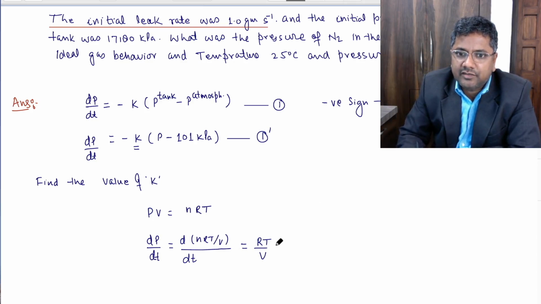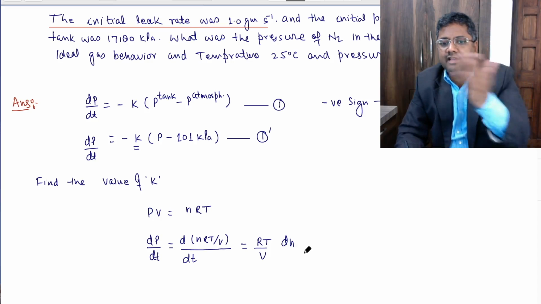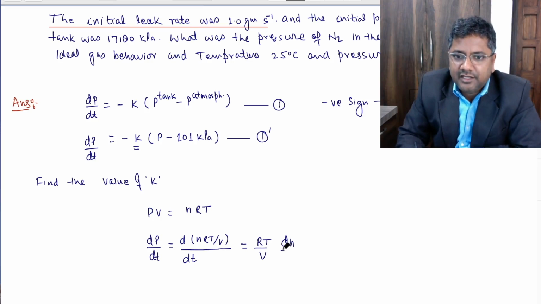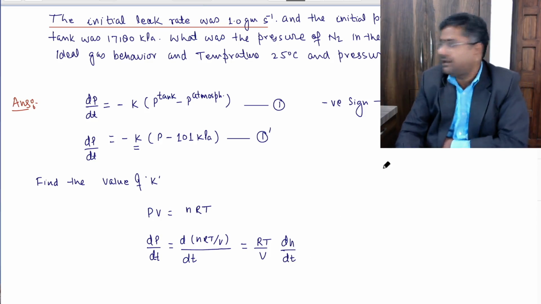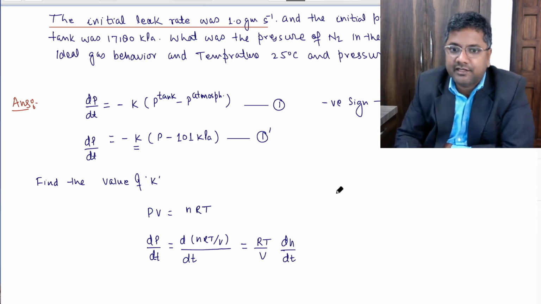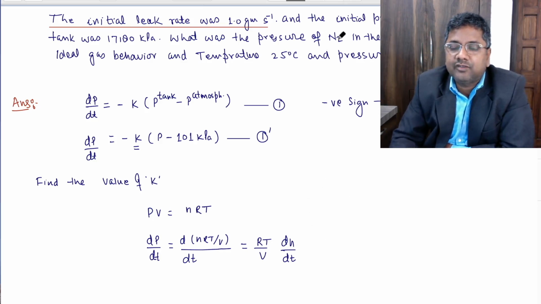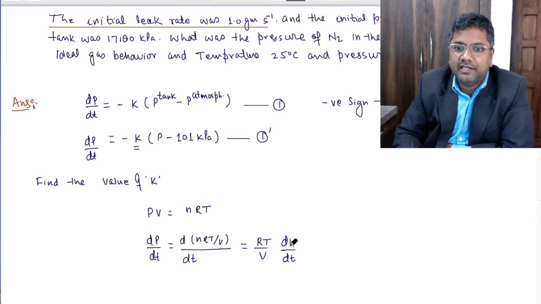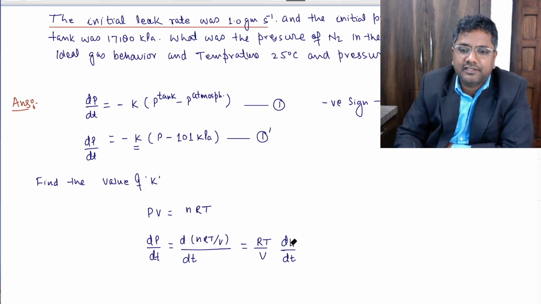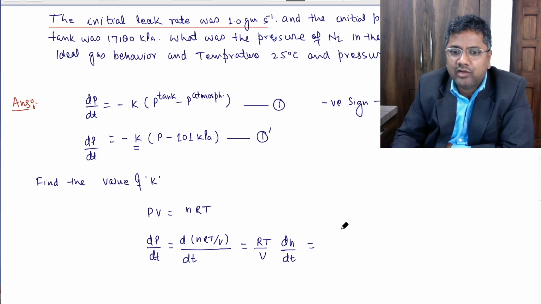So here we have dn by dt, because the moles of gas change with time. But here the rate is given in terms of weight, initially in grams per second, and here we have moles, so we have to convert this into grams. So n is equal to W by m, and the molar mass is constant.